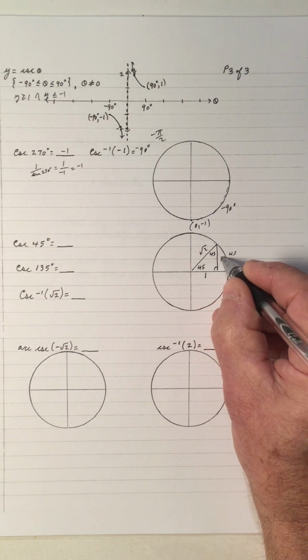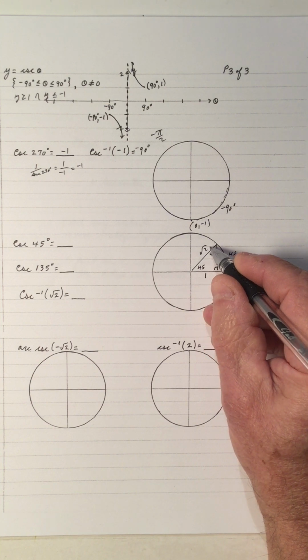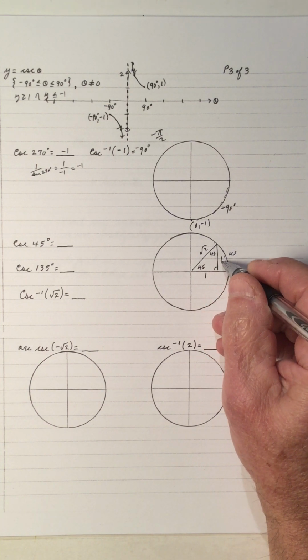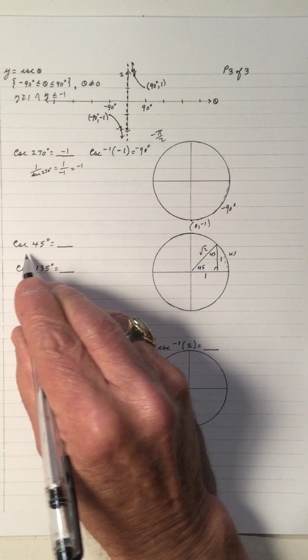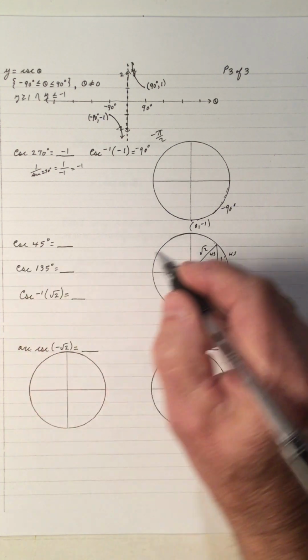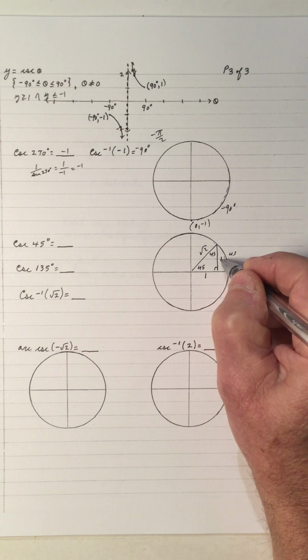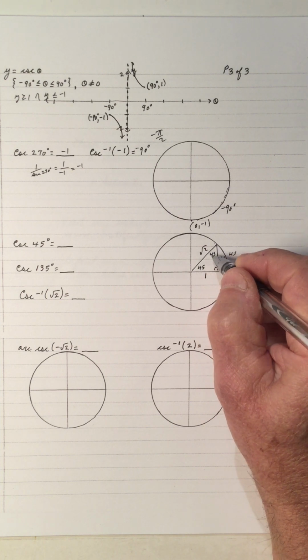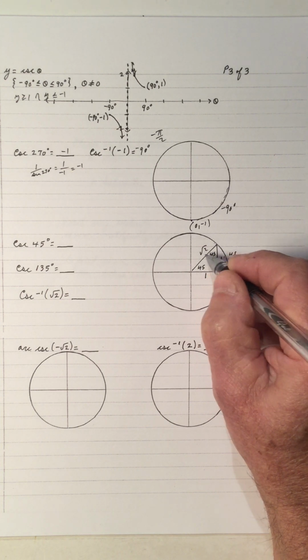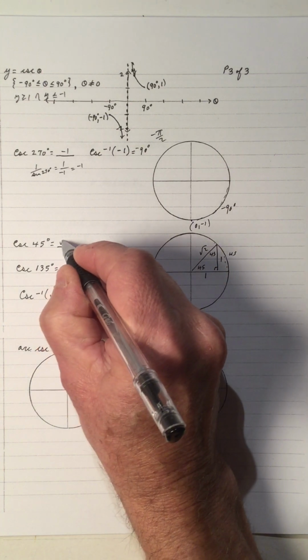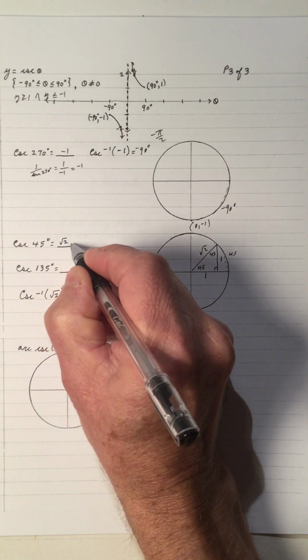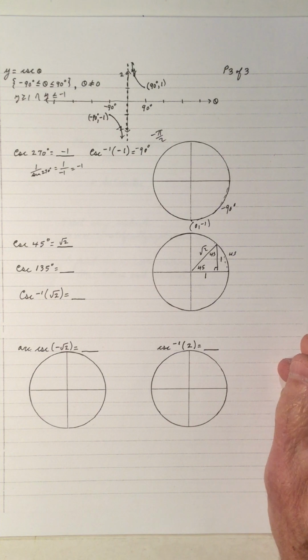X is positive, y is positive, the hypotenuse is always positive. So the sine of 45 is 1 over root 2, because it's opposite over hypotenuse. So the cosecant is hypotenuse over opposite, so it's root 2 over 1, which is root 2.